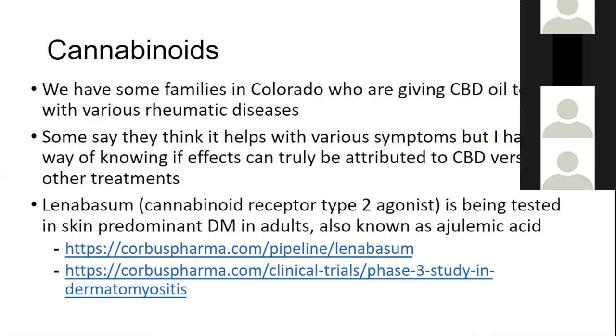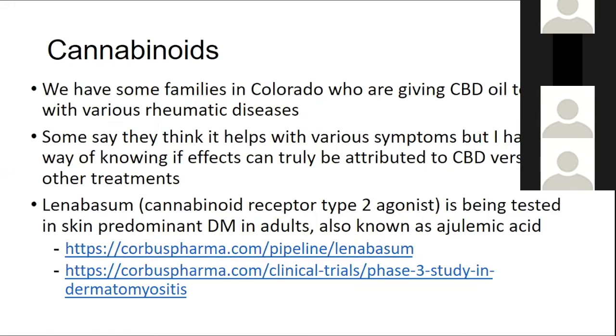As far as I know, there aren't any clinical trials or studies that are looking at CBD oil in particular, but there is a medication called Lenabasum, which is a cannabinoid type medication that works on similar receptors as CBD or THC.